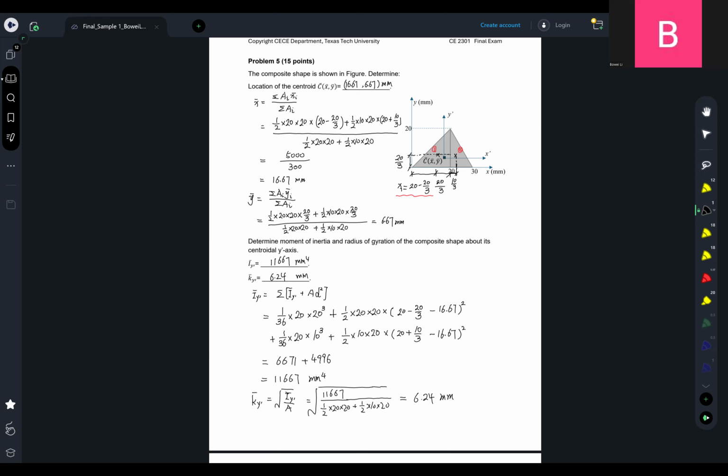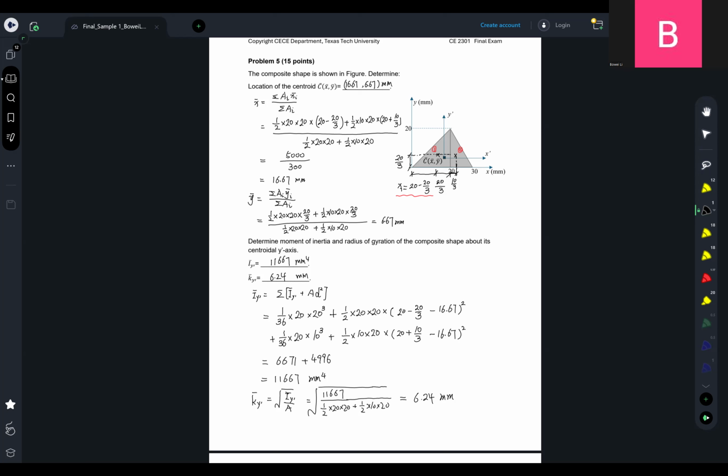Please note that the location of the centroid is a weighted sum of the centroid of each part. So we need to divide the composite area into several regular shapes, and then the location of the centroid is the weighted average of the centroid of each part.